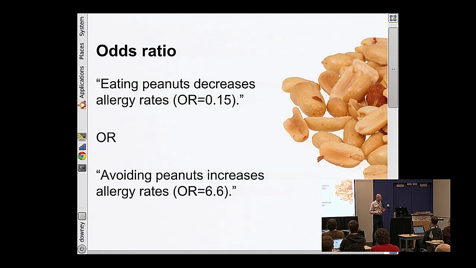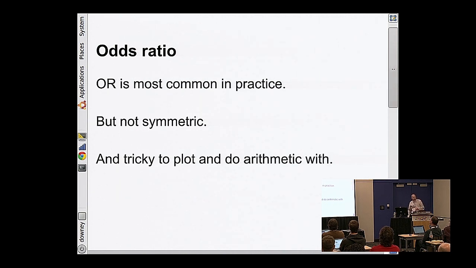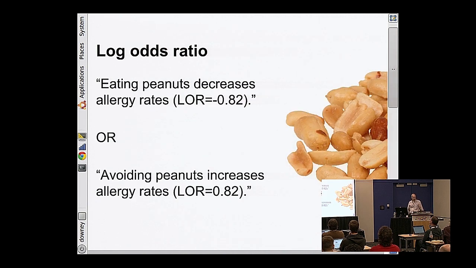So it's a little tricky. The alternative is the log odds ratio. If you take the log of odds ratio, you have now fixed all the problems. It is symmetric, it is comparable across different studies. There's only one small problem, which is that nobody knows what it means.